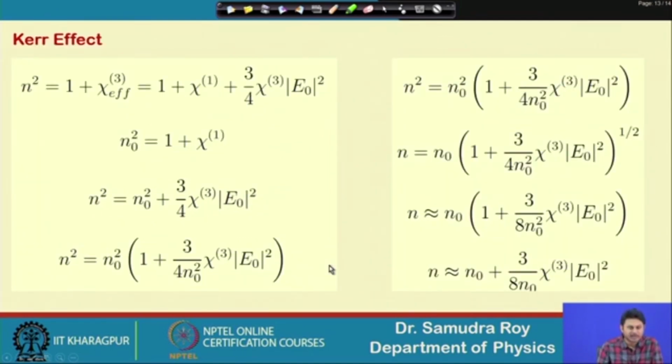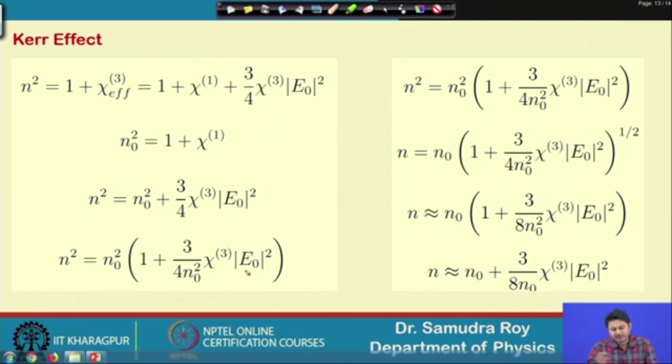We are just continuing this calculation, only we replace this 1 plus susceptibility term with n square, so that the entire equation can come in terms of refractive index n. Well, if I take n square common, then it is 1 plus 3 divided by 4 n square times third order susceptibility times mod of E square.